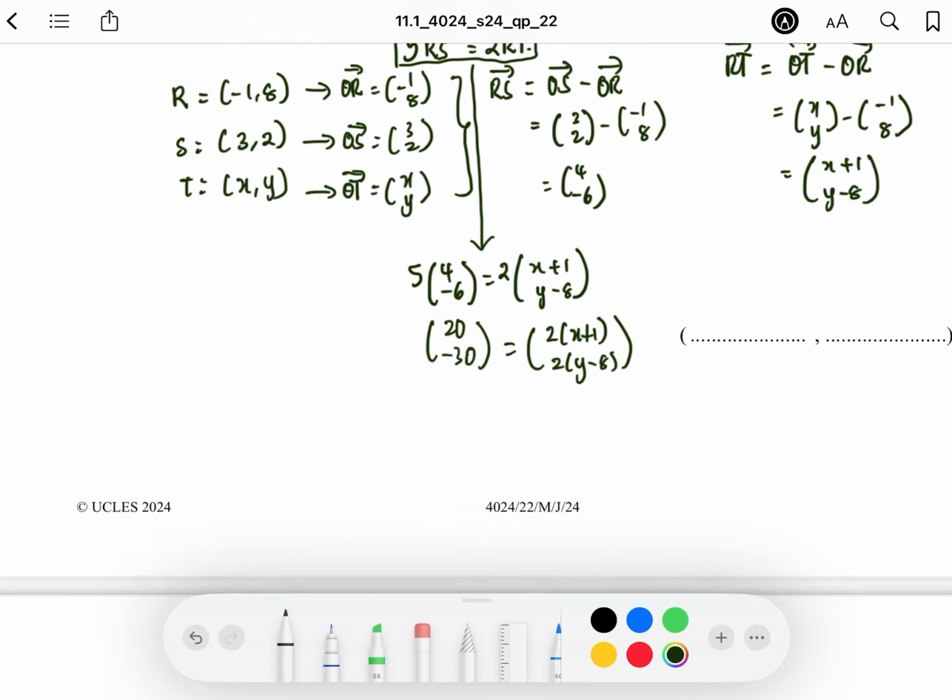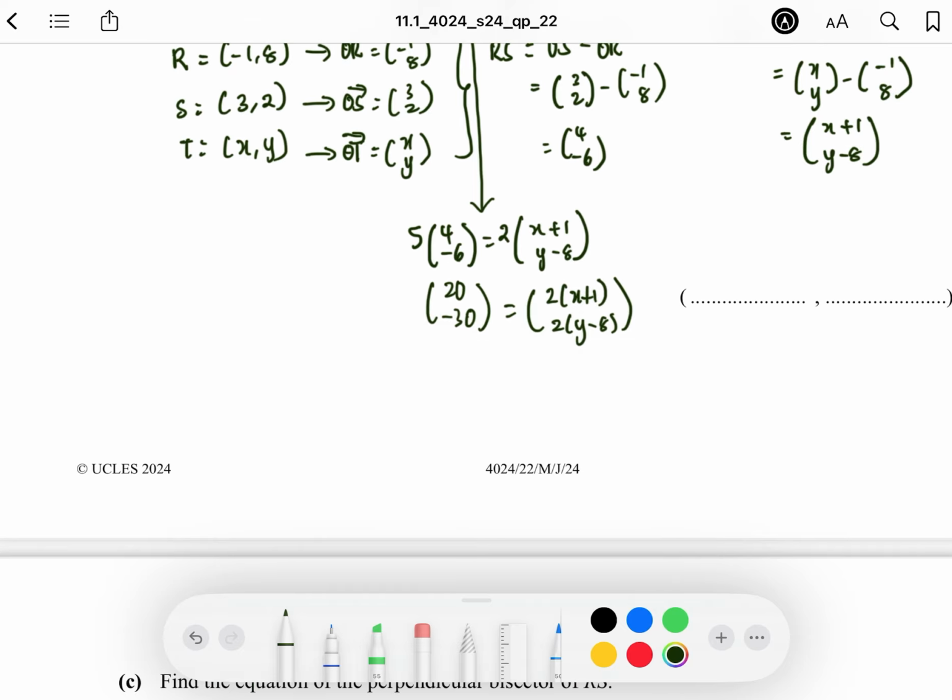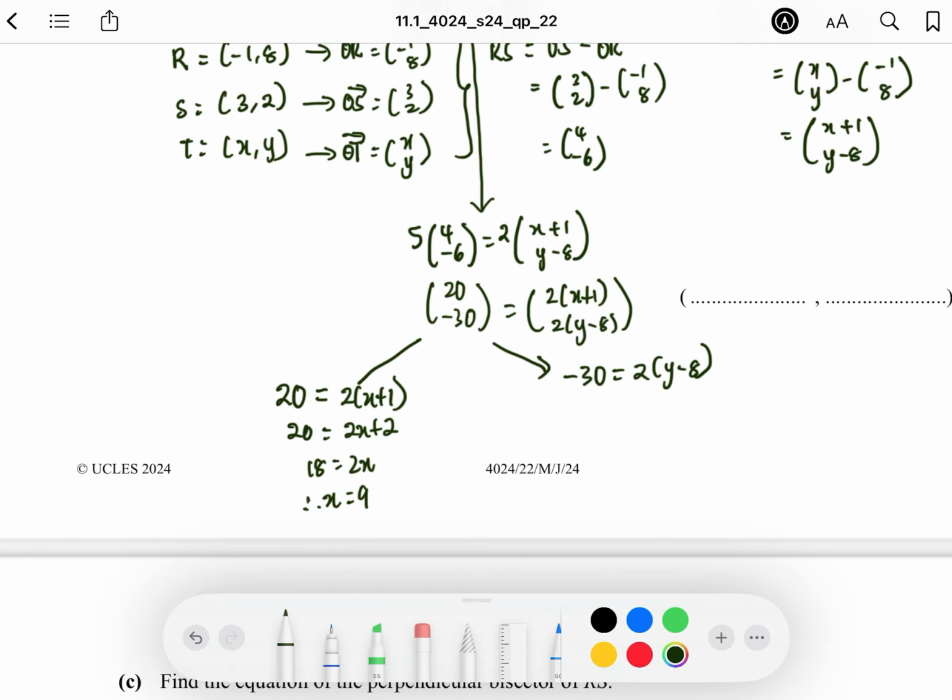So what we get is actually an equation. We have 20 equals 2(x plus 1), and then we have another one, minus 30 equals 2(y minus 8). 20 equals 2x plus 2. That's 18 equals 2x. So that means x equals 9.